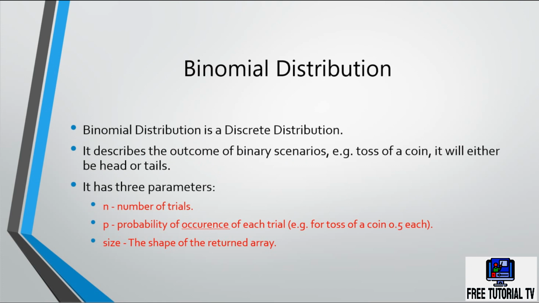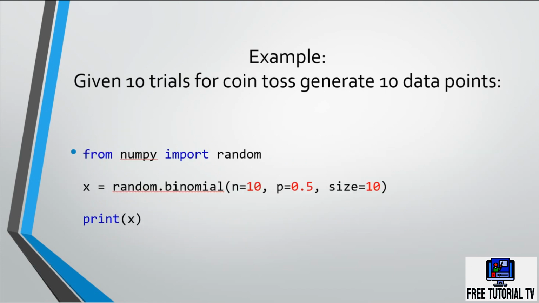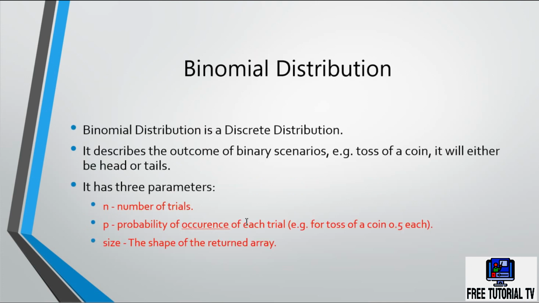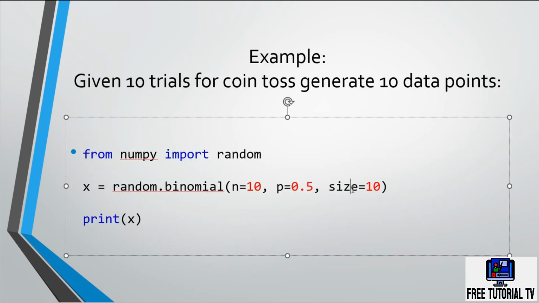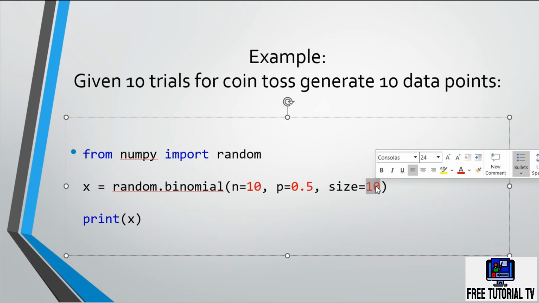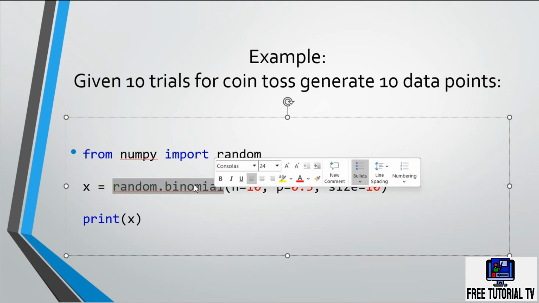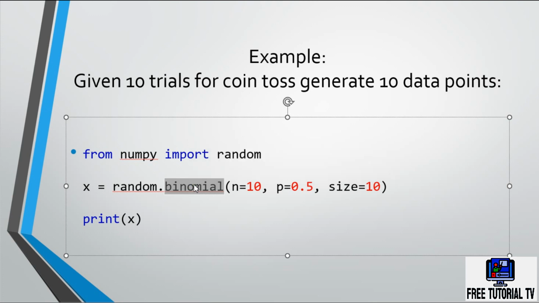And then we have a binomial distribution. For binomial distribution, the same as before, you have to give three parameters. One is n, the number of trials, p is the probability, and size is the array size. So when you generate a random number, you will be using binomial instead of normal.